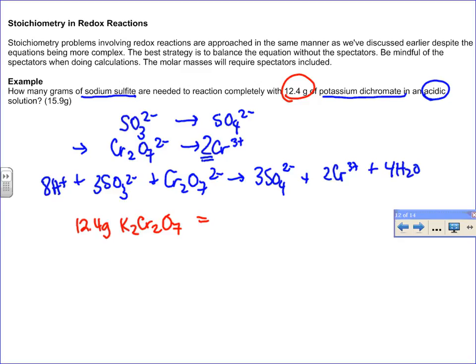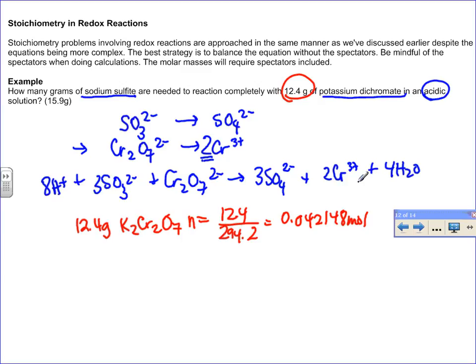So it's K2Cr2O7. So the number of moles here is 12.4 divided by 294.2. So the moles of the potassium dichromate is 0.042.